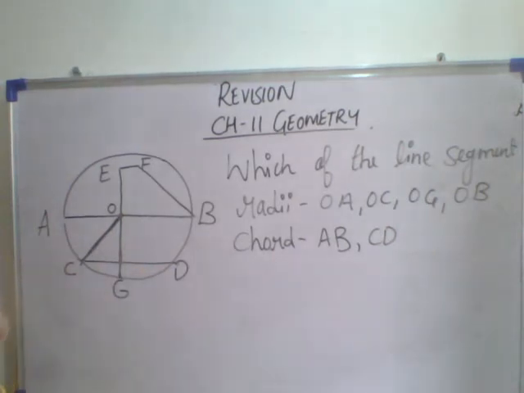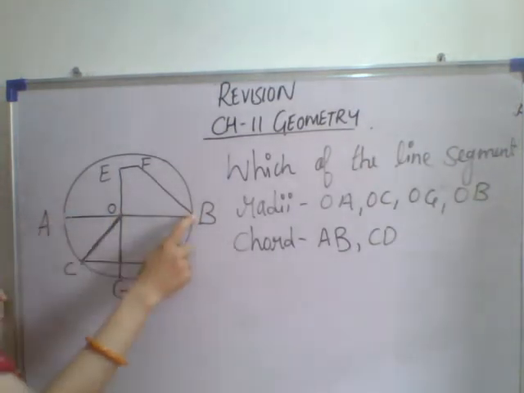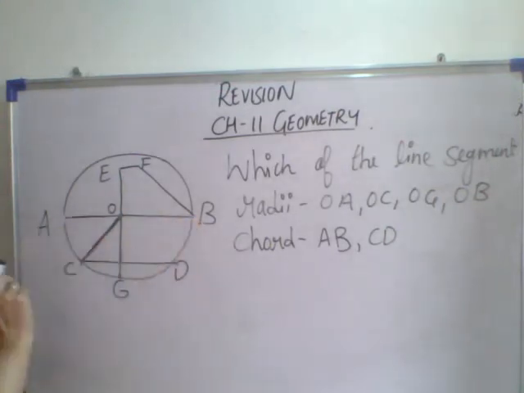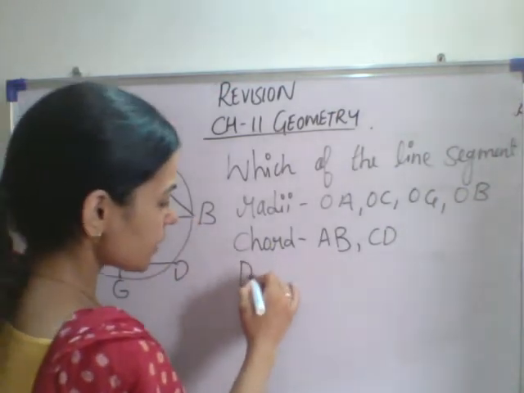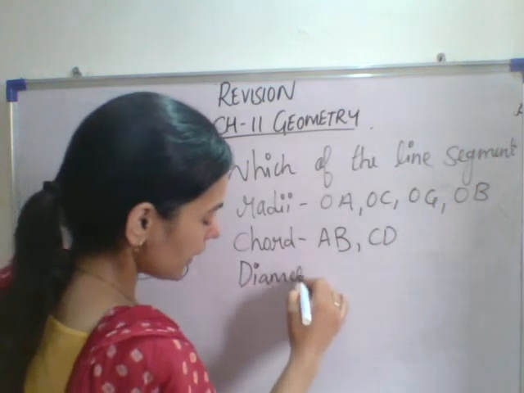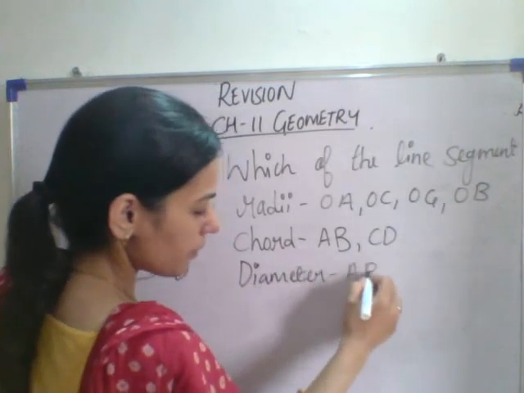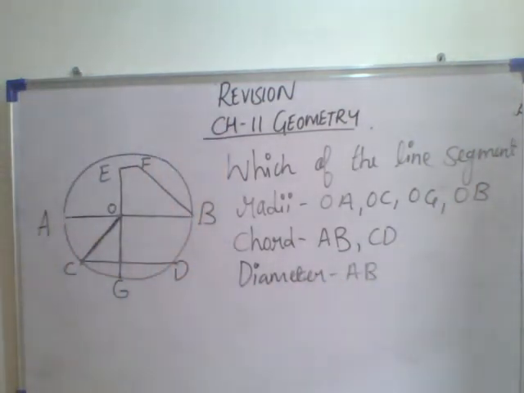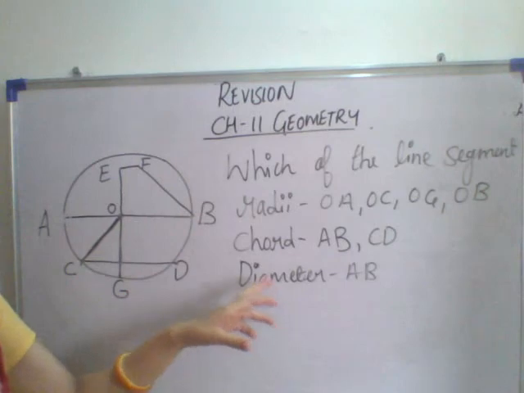And what is the diameter here? For a diameter, both ends should lie on the boundary and it should be passing through the center. So AB is the diameter. In the exam you can be given a diagram like this and be asked to tell the diameter.